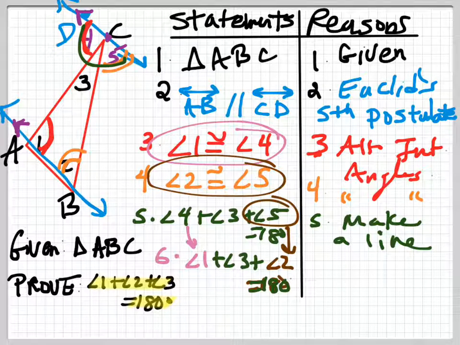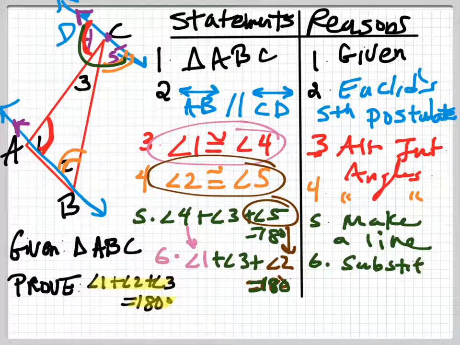I replaced 4 with 1, 5 with 2. My act of replacing there is called substitution. And this is because of the commutative property. Order does not matter when you add. Because of the commutative property, it is safe to say that 1, 3, and 2 equaling 180 is equivalent to what we want. Therefore, we have arrived at the end of our proof.